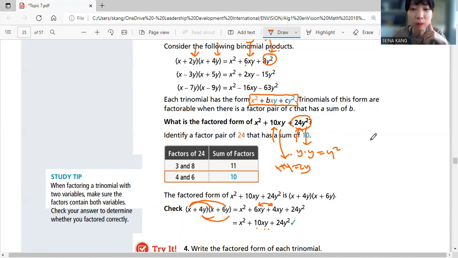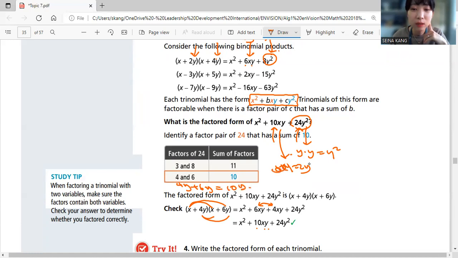Okay, there you go. So yeah, this works for the numbers as well. If you have a variable, when you add the like terms, 4y plus 6y, you already have 10y.